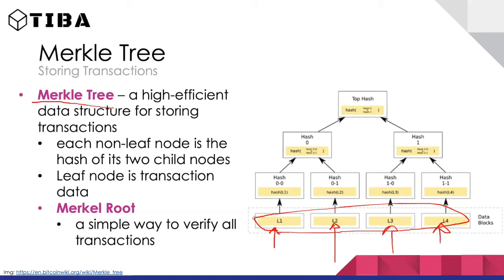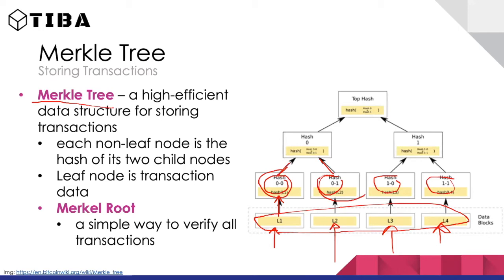This tree is constructed by first hashing each transaction. Here's the hash of transaction one, hash of transaction two, hash of transaction three, hash of transaction four. Then going up from there, you combine these two nodes.